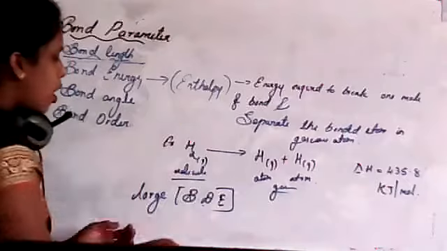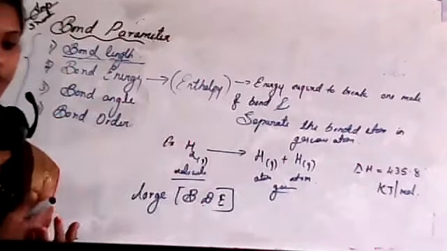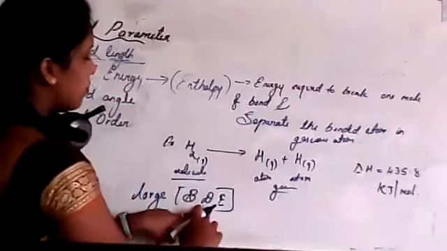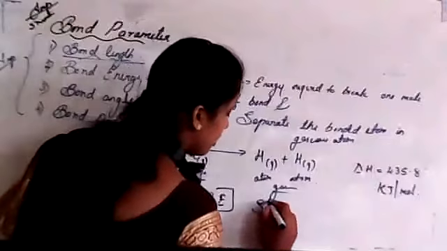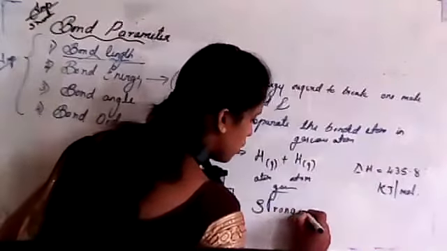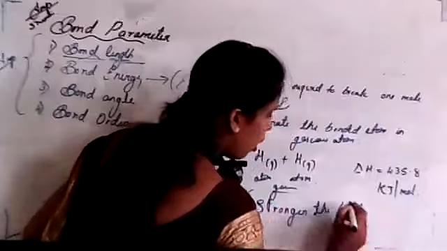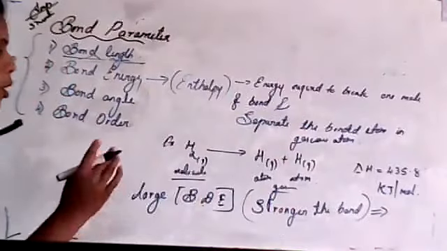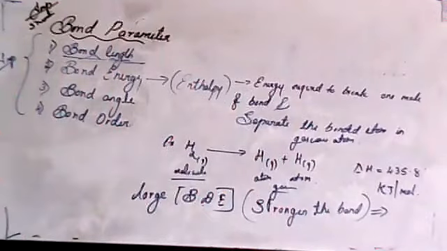If you need more energy to break that bond, then it is strong. If there is a large bond dissociation enthalpy, the bond is stronger. If the bond is stronger, is that molecule stable or unstable, students?